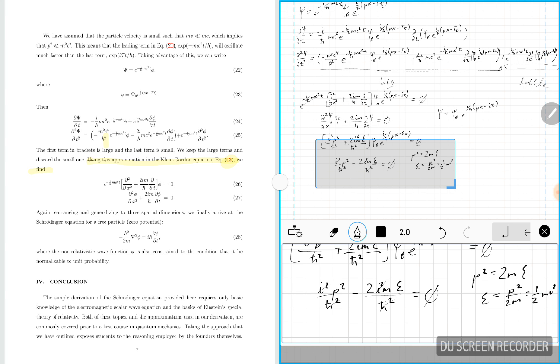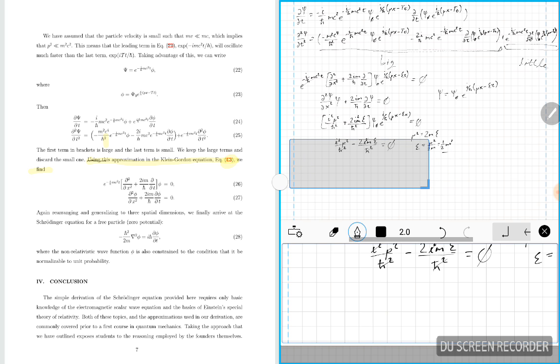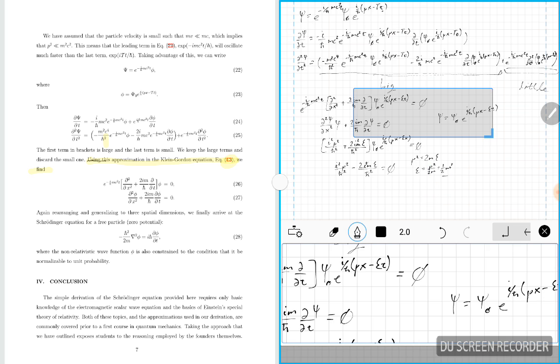All these approximations, all they really did was take our energy down to just be the kinetic energy term. I think I had even just called it T. So it's just our classical kinetic energy term.